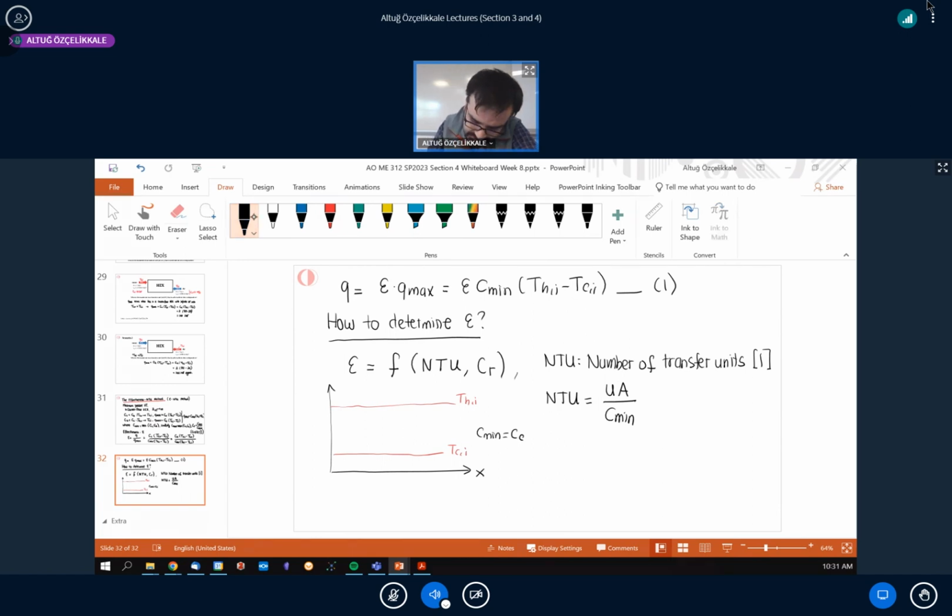In that case, imagine that this is a very long heat exchanger, the cold fluid temperature approaches that of the hot fluid, right? So that's what we are getting. And for this very long heat exchanger, the area between those two curves is going to be some measure of the maximum heat transfer rate.